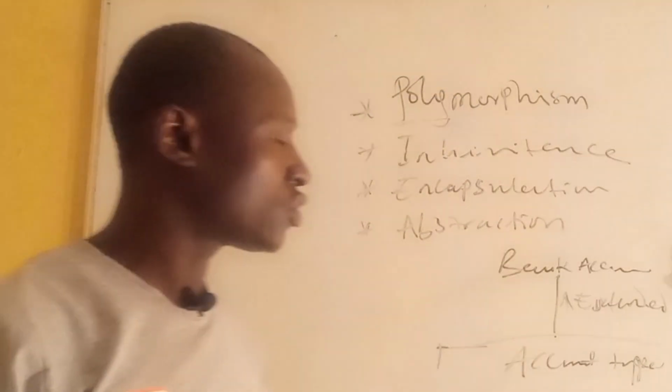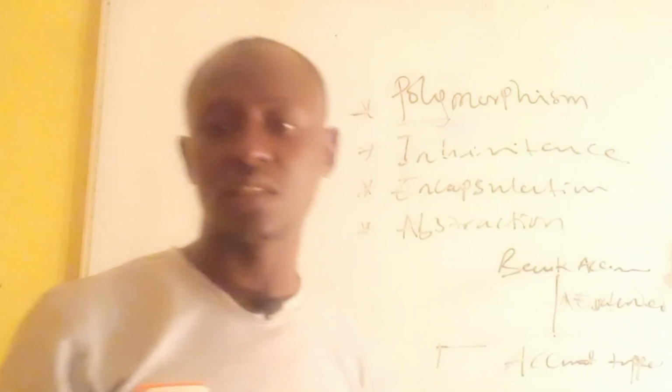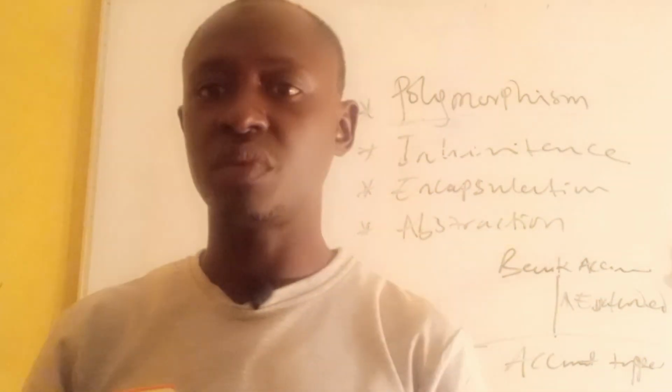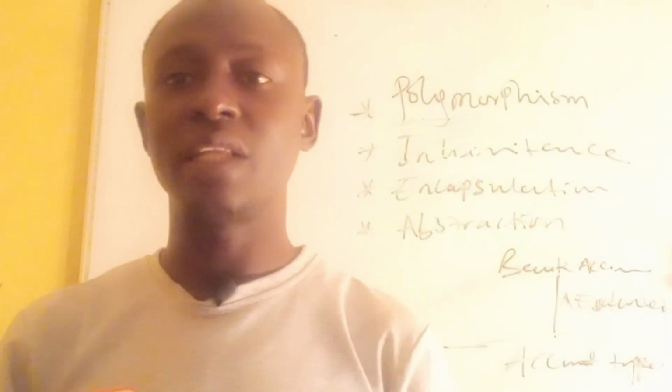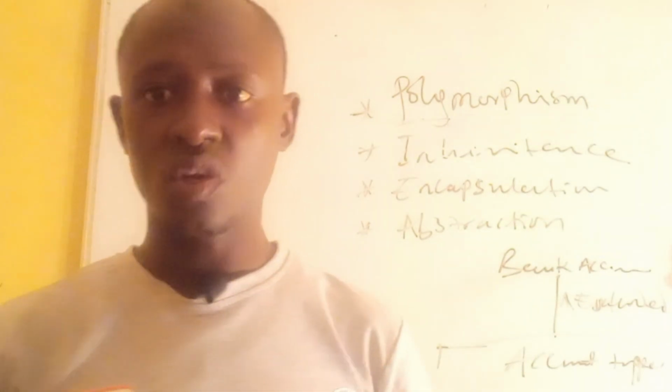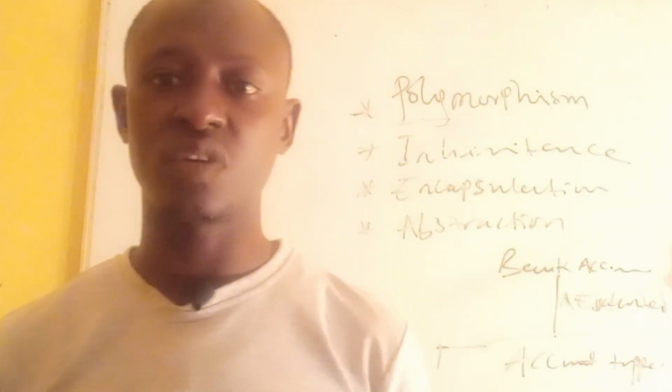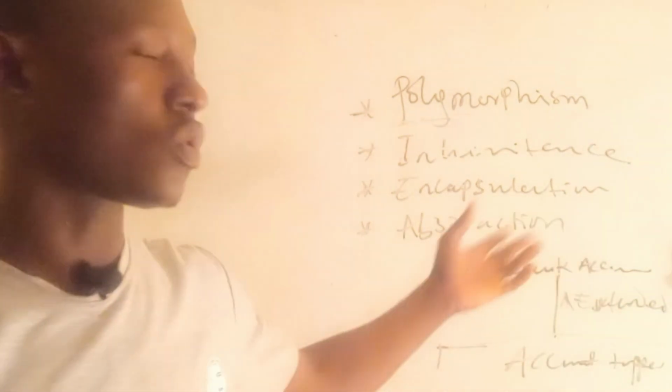So in this you can hide the code implementation details and expose only the necessary ones to the user for him to be able to work with. So when we come to what?